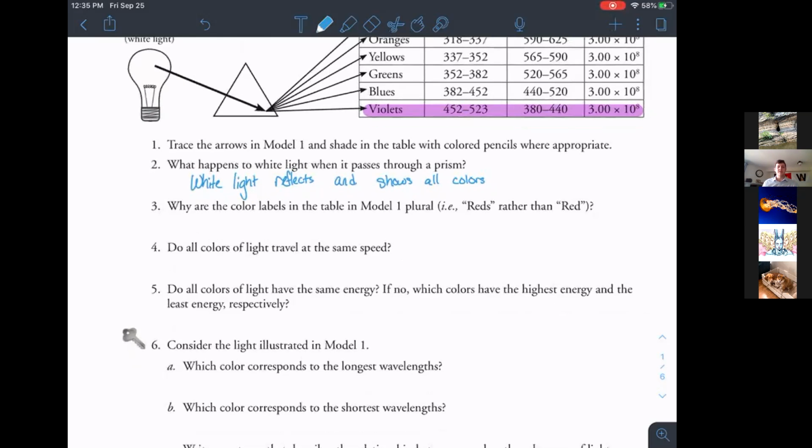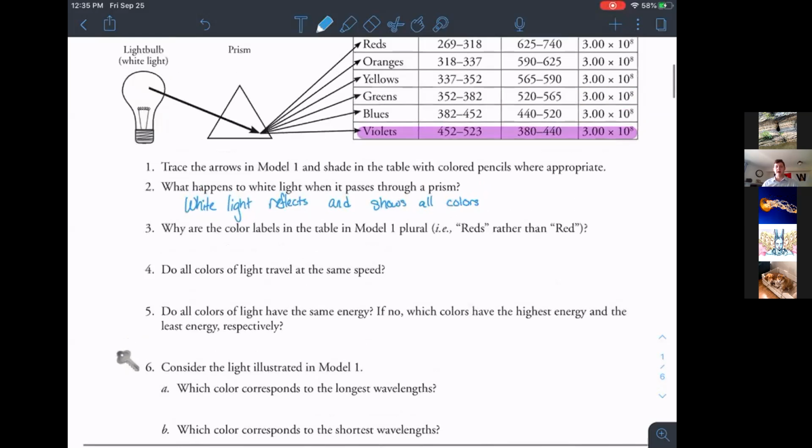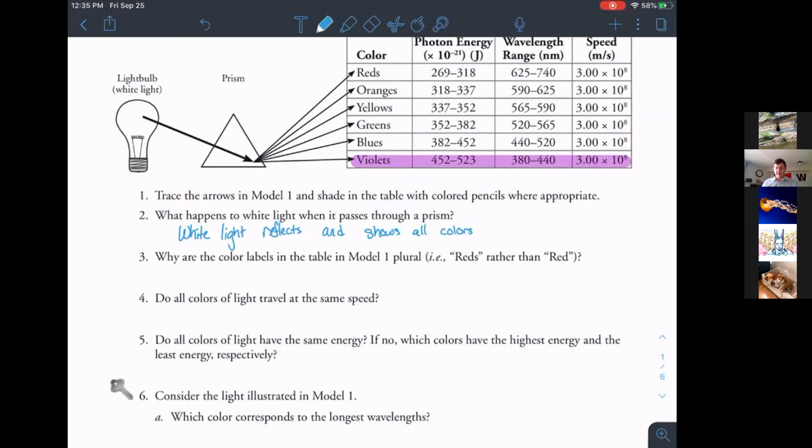So now question 3 says, why are the color labels in the table 1 in model 1 plural? So this table up at the top, why are they plural? Why do we think these are going to be plural? Because there are multiple colors of reds, depending on what the light reflects. Perfect. Exactly.